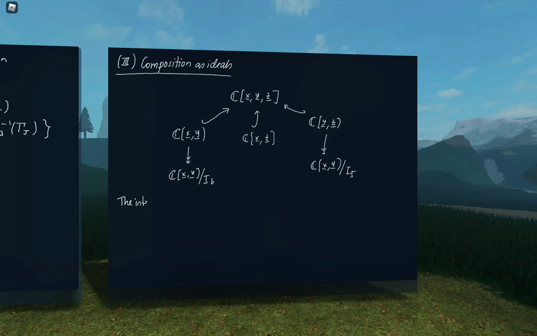Okay, so as I said, the intersection of pi 1,2 and pi 2,3 corresponds to an ideal. I'm going to call it I.